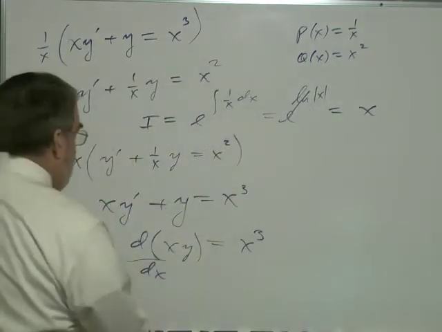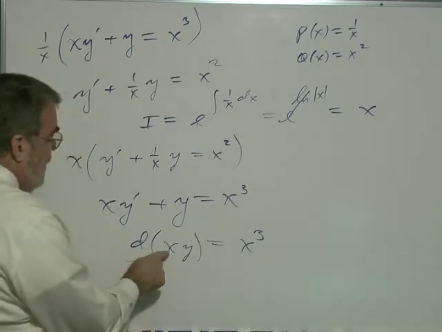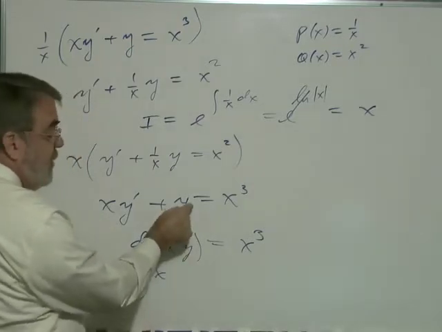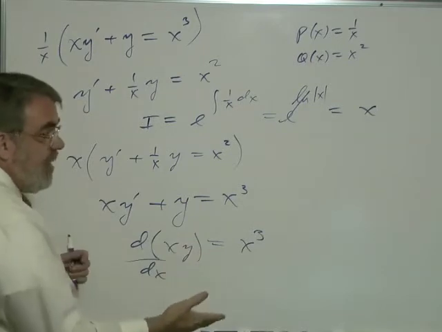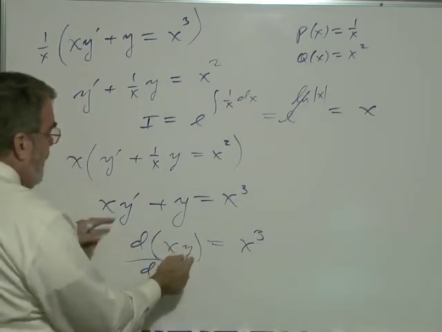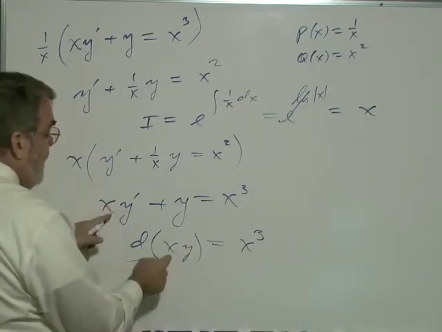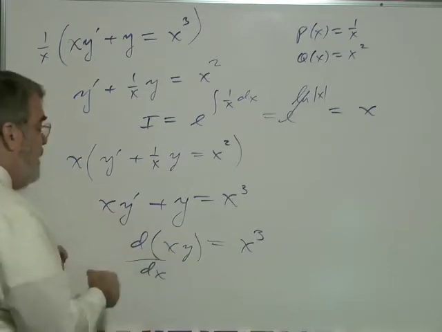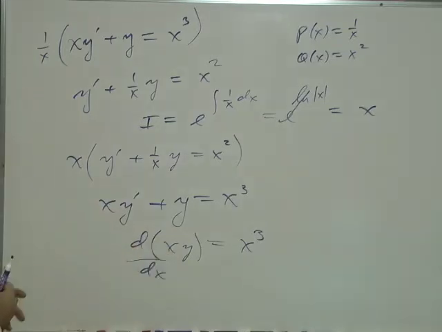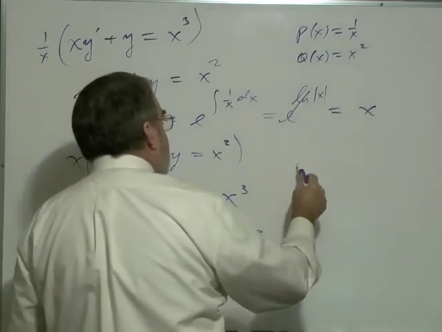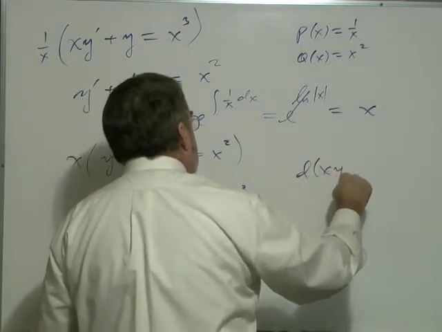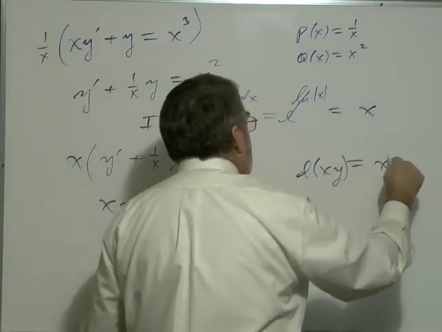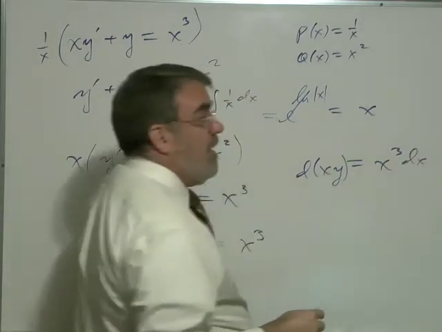If I take this derivative, the derivative of x is 1 times y, there's y, plus, because we have a product rule, the derivative of y, y prime, times x, x y prime. So this works. And then if we multiply through by dx, I have the differential of x times y is equal to x cubed dx.